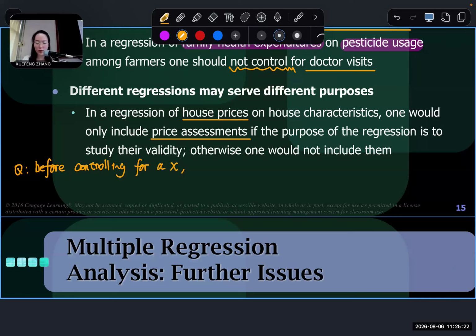Before you control for a variable, you should ask yourself, is this a cause of X, or is it a consequence of your X?